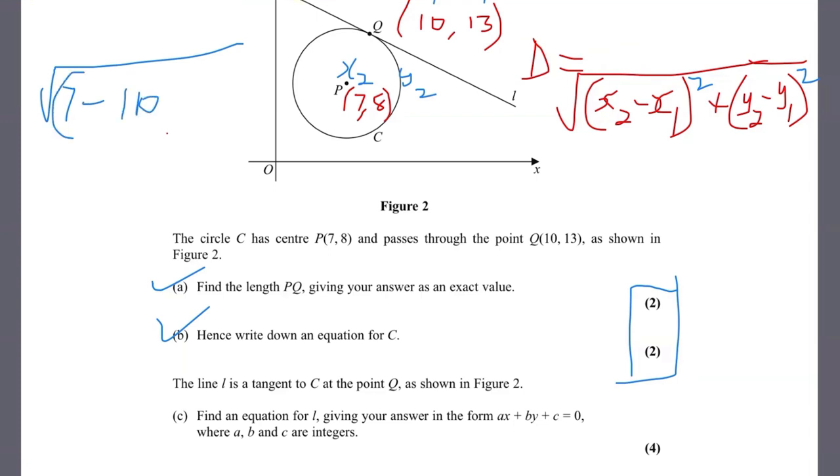Please take note that you can use any point as your X1, Y1, and any as your X2, Y2. If I want to use my 7, 8 as my X1, Y1, there is no problem. If I want to use my 10, 13 as my X2, Y2, there is also no problem whatsoever. So 7 minus 10 squared plus what are we going to have on the other side?